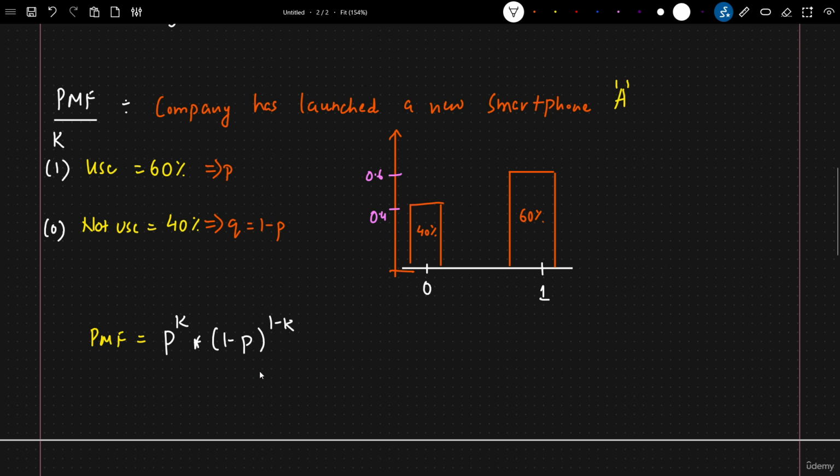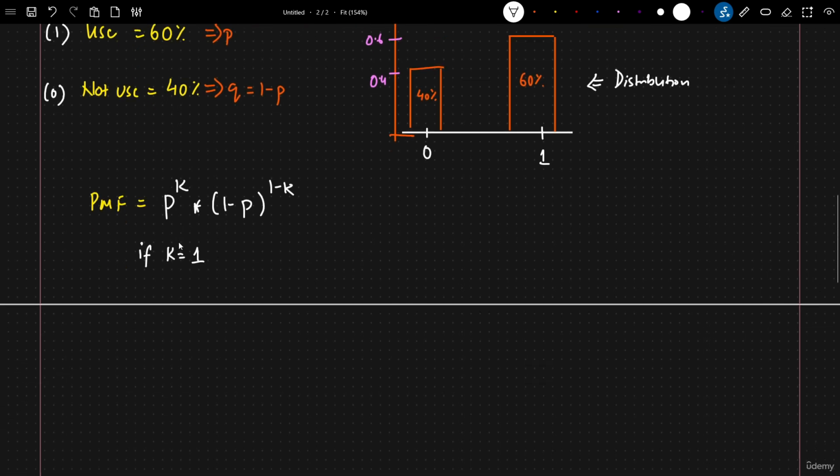So this is the formula to create this PMF, that is probability mass function. And with respect to this, we will be getting this distribution. Now let's talk about what exactly this is. Let's say if my K value is equal to 1, then you know what my P value is? My P value is nothing but 0.6, right?